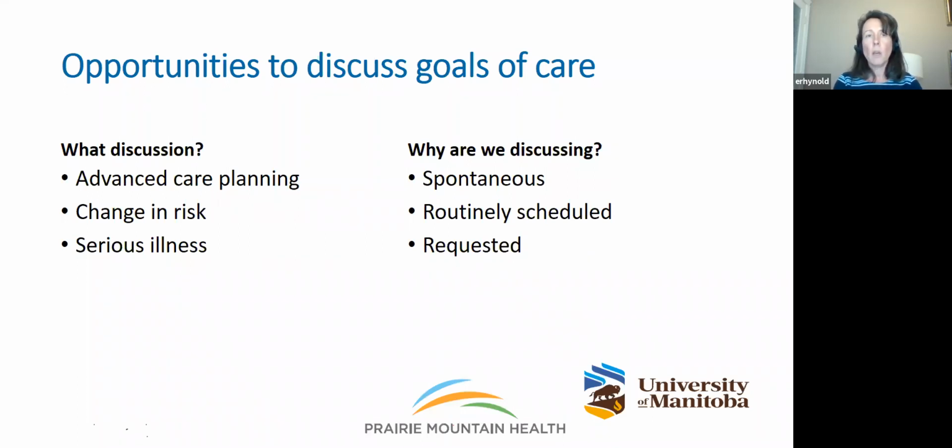This is, we think, ahead of when these decisions are needed, trying to set the playbook for how we're going to handle things when they happen. And that's different than when there's a change in clinical status or change in the risk of something serious happening.